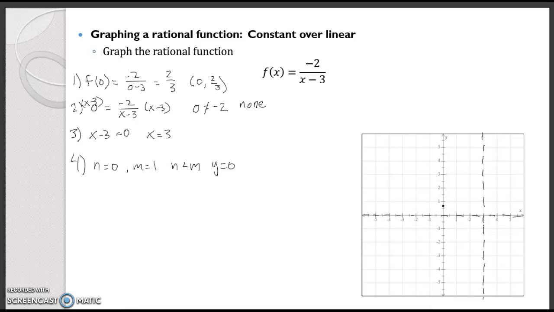Now it says to see if the function crosses the horizontal asymptote. Alright, and we do that by again letting 0 be y, because that's our equation for our horizontal asymptote, and then solving. We did this earlier and we got 0 equals negative 2, which doesn't happen, so it's not going to cross. Okay, no cross.